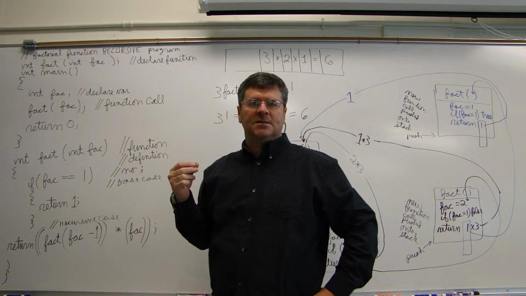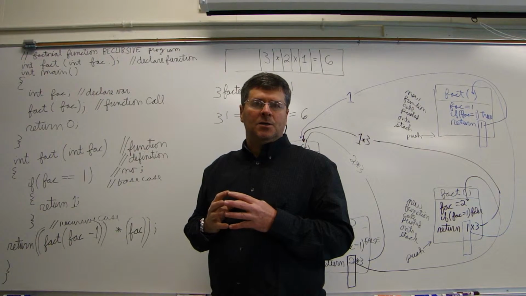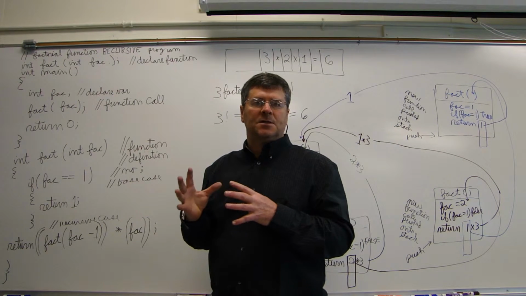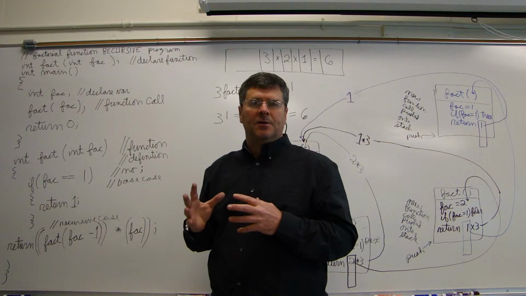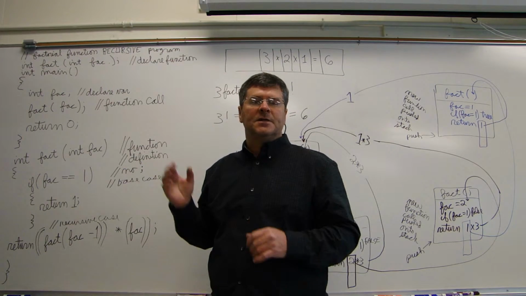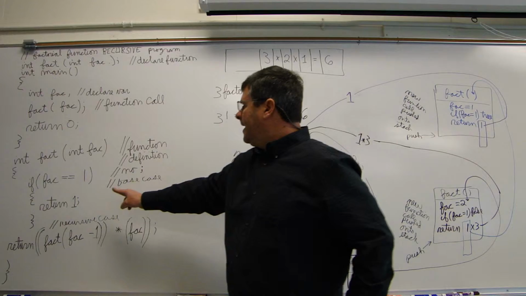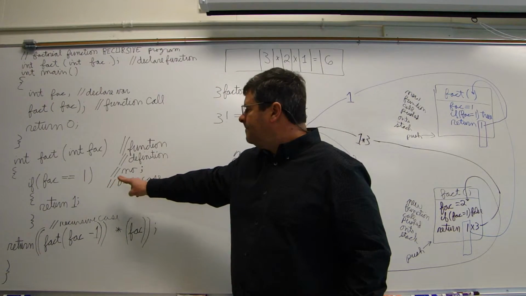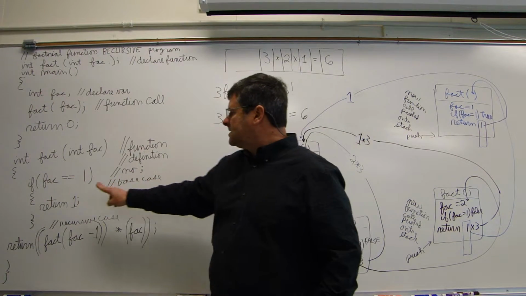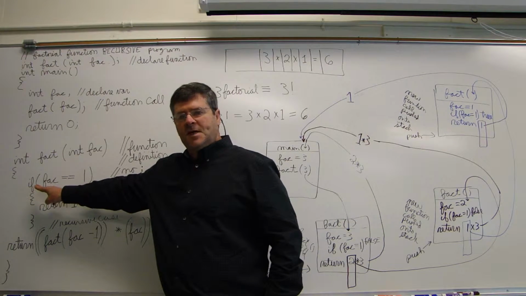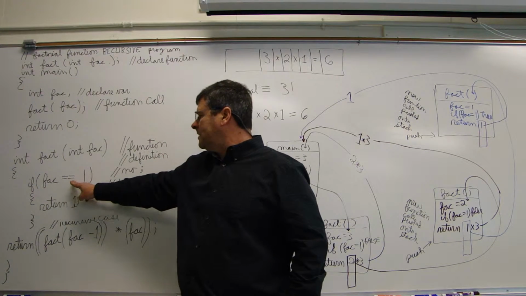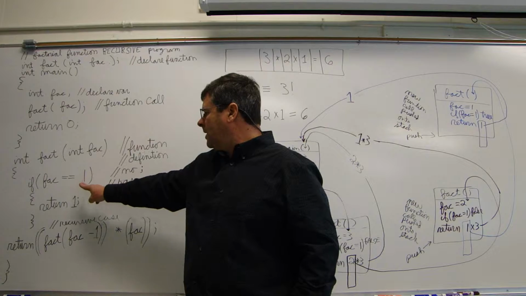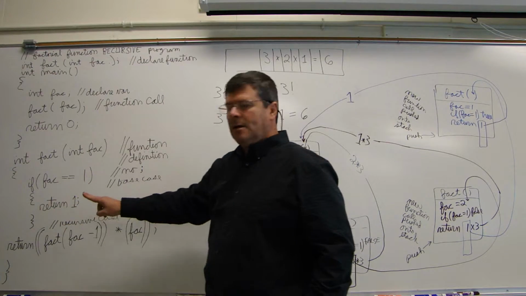The recursive case is the actual using of the stacks in the computer to actually calculate recursively, in this case, factorial. And so in the base case, we have an if statement. If the variable is equivalent to 1, then return 1.